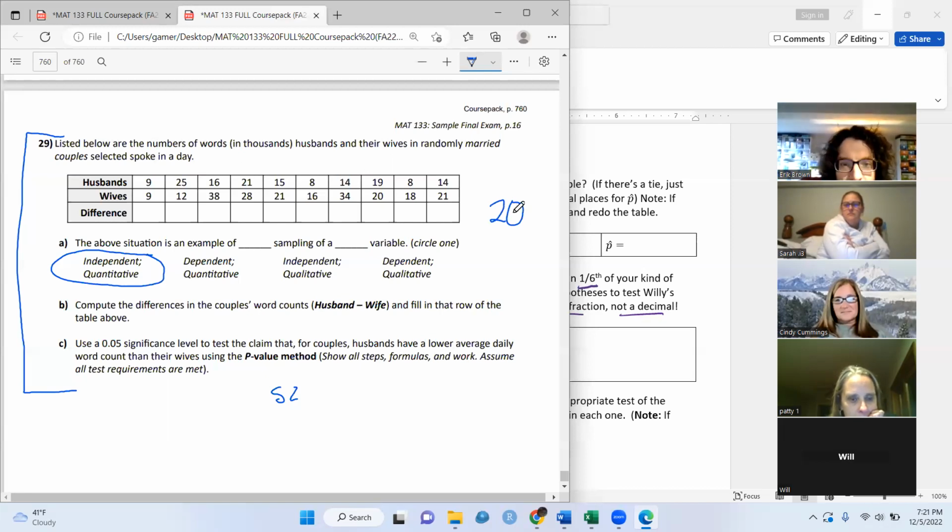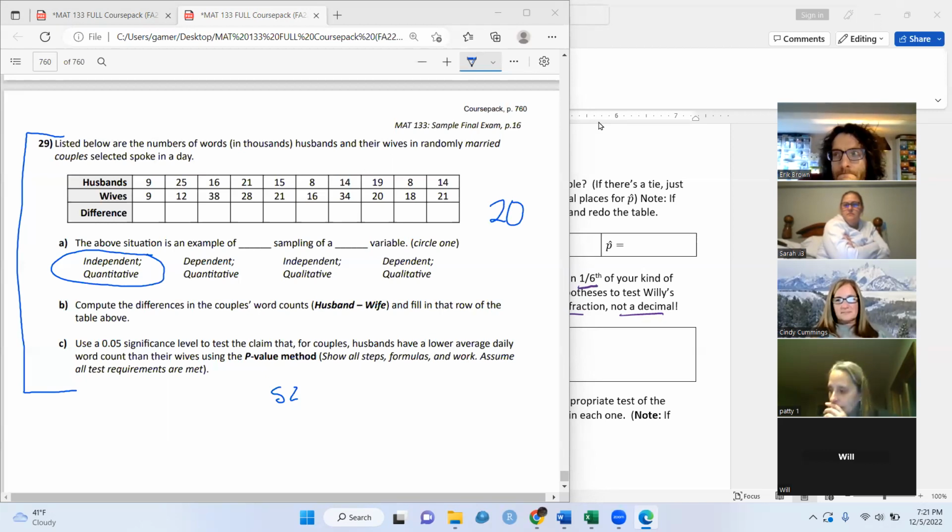Will had a good question. The final exam, I think, tends to be at least 1 page longer. I think the midterm was 9 pages and the final exam tends to be 10 pages.